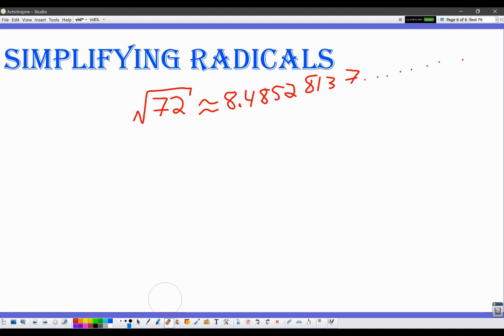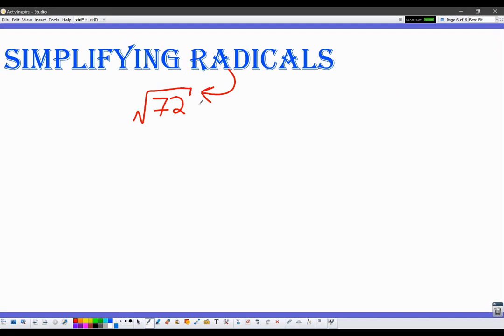I would rather prefer being mathematicians, right? We would prefer nice, clean, exact numbers, not really so much these decimals here. So what we're going to learn in this section is how to simplify a radical. And what I mean by radical is this thing right here. Anything that has a square root, a number with a square root, is called a radical.